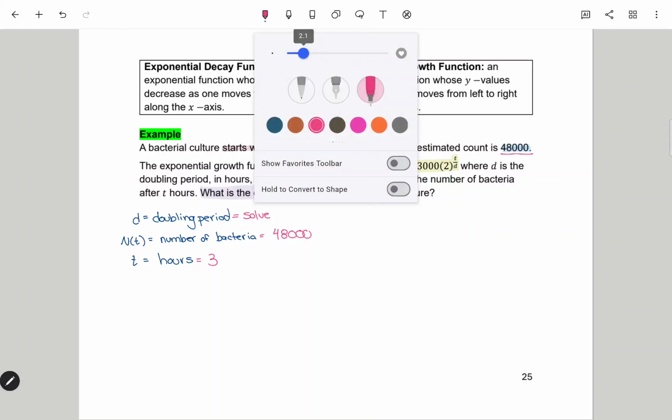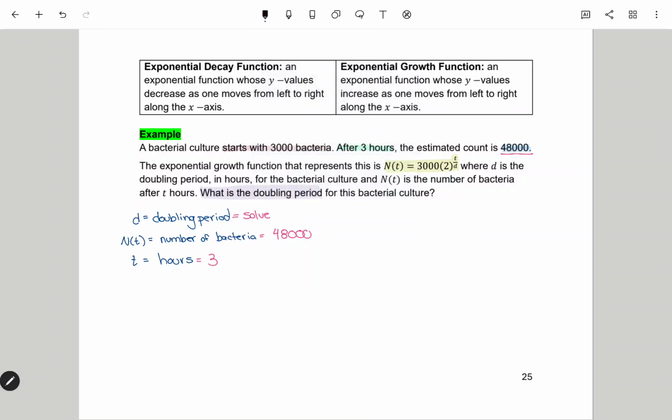So now when I take my equation, N(t) is equal to 3000 times 2 to the power of t over d. Well, now I can replace. I know that N(t) should be 48,000.